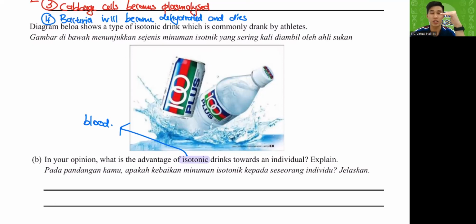Let's say this is an isotonic drink, the 100 plus, the concentration of salt is the same as your blood. When you exercise, you sweat, you lose water, you lose salt. So right now your blood has a lesser concentration than the 100 plus. Therefore, it will slowly replenish, then it becomes back to normal. That's why you usually drink it during or after exercise. You drink before, usually it won't work.